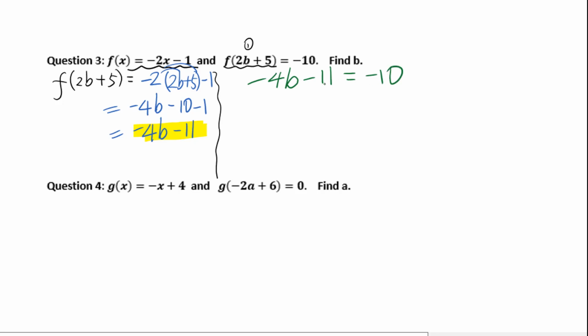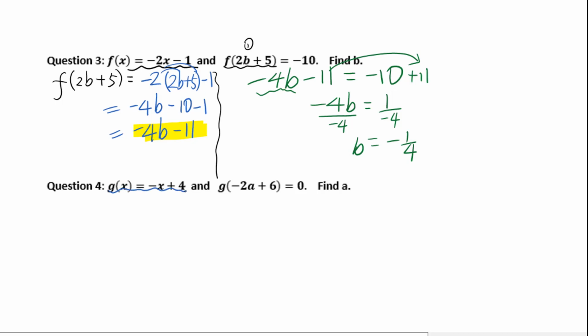Keyword is isolation. Isolate the variable on one side. So we add 11 to both sides. You will get negative 4b equals 1. Then divide by negative 4 on both sides. b equals negative 1 over 4. Let's go to question 4.